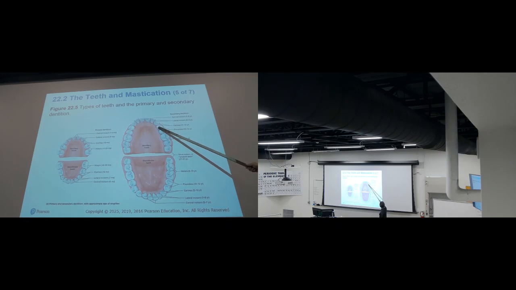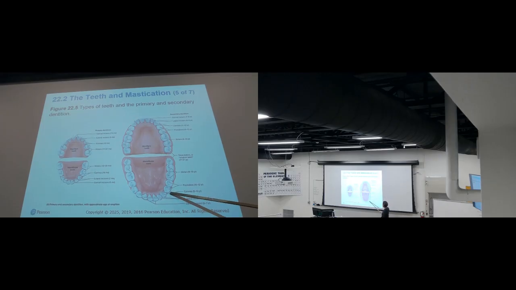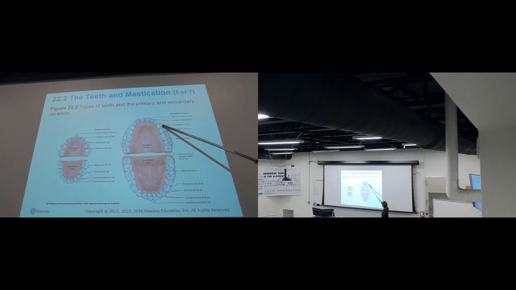Then you have eruption of the canines between 11 to 12 years old, and that will be for the upper arch. The lower arch, it's a little bit earlier, like 1 year before these ones. And then we have the premolars, which erupt between 10 to 12 years old in both upper and lower arches. And then the molars between 6 to 13 years old for first and second, third between 17 to 20 or 21. Questions?